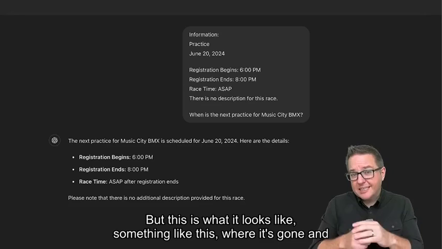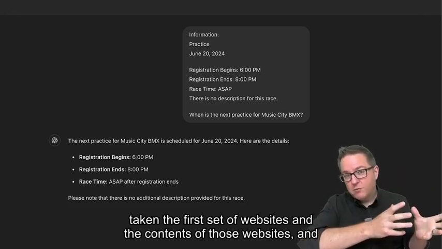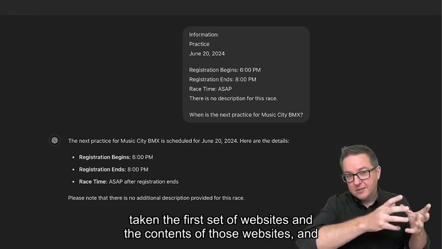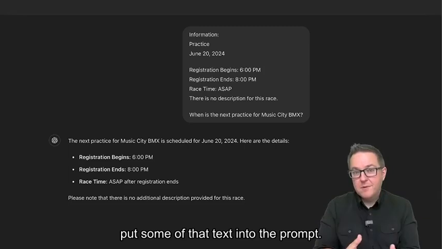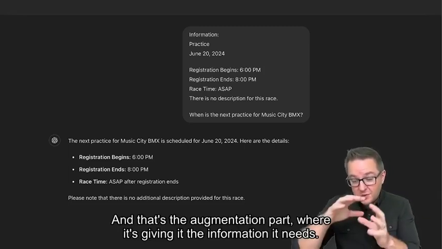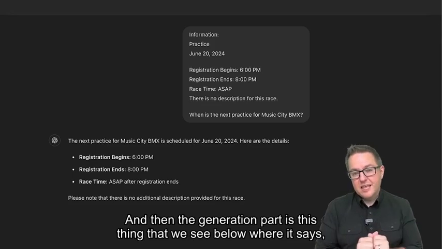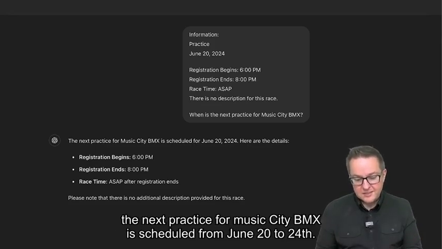But this is what it looks like, something like this, where it's gone and taken the first set of websites and the contents of those websites and put some of that text into the prompt. And that's the augmentation part, where it's giving it the information it needs. And then the generation part is this thing that we see below, where it says the next practice for Music City BMX is scheduled from June 20th to 24th.